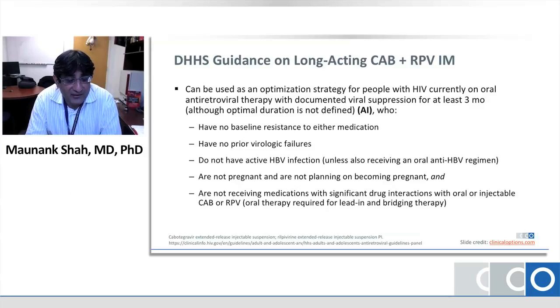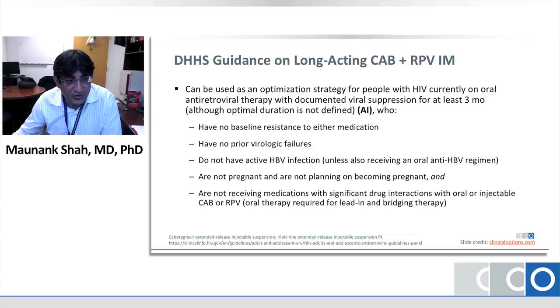Notably, the recommendations suggest that this regimen is a reasonable option for consideration when there is no history of baseline resistance or virologic failure, and the person does not have concomitant active hepatitis B, is not pregnant or planning to become pregnant, and there are no significant drug interactions. All of these elements are actually factored in by the HIV-ASSIST tool.